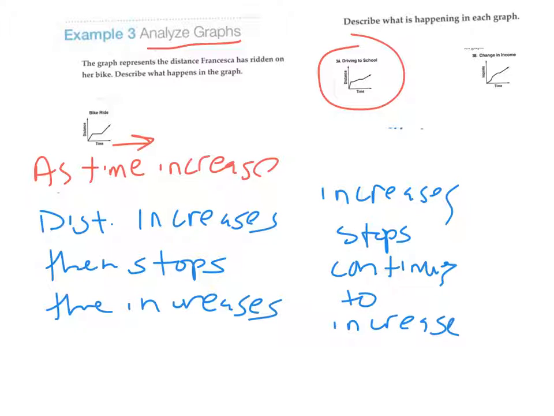And so if we look at this next one, where we're looking at change of income, what's happening to income over time? It looks like it's increasing. So it increases.